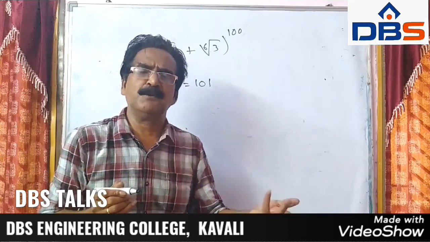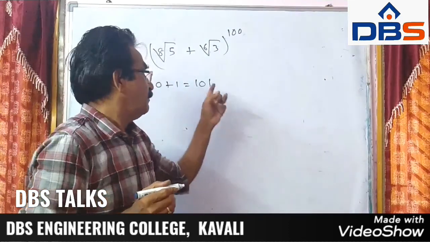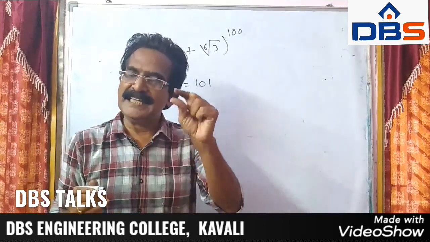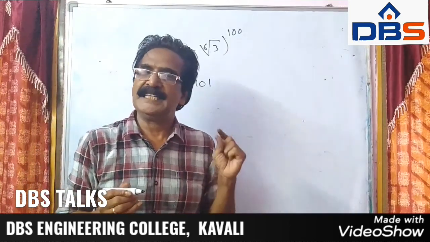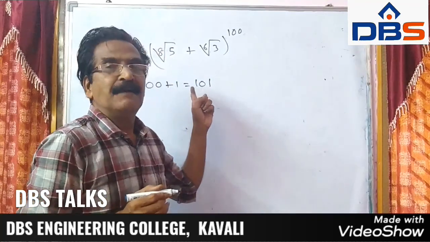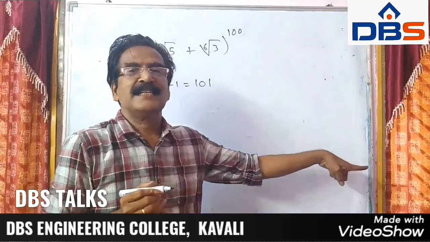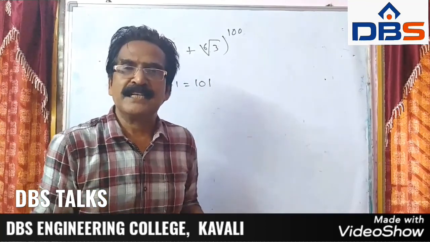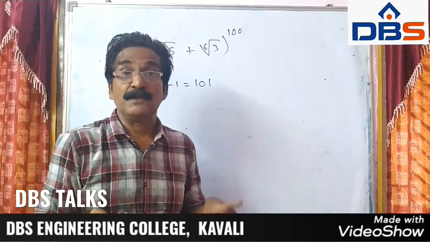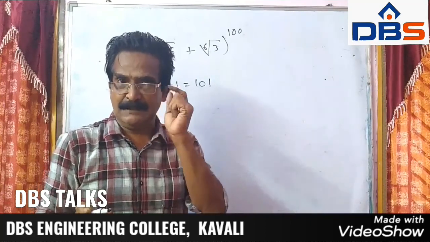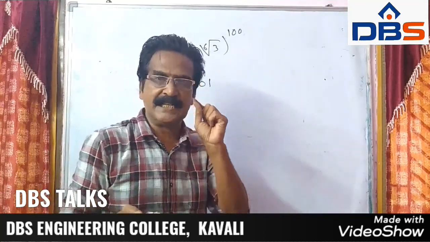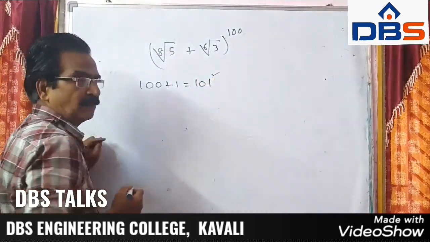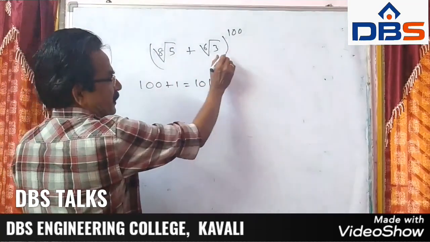Rational terms and integral terms both are the same. 101 minus integral terms. Now we have to find integral terms. Then 101 minus rational or integral terms gives us the irrational terms, which we want. So the total number of terms is 101 in this expression.